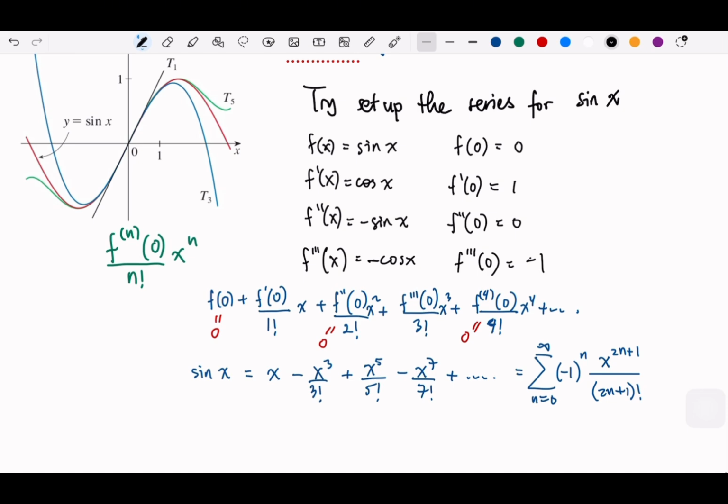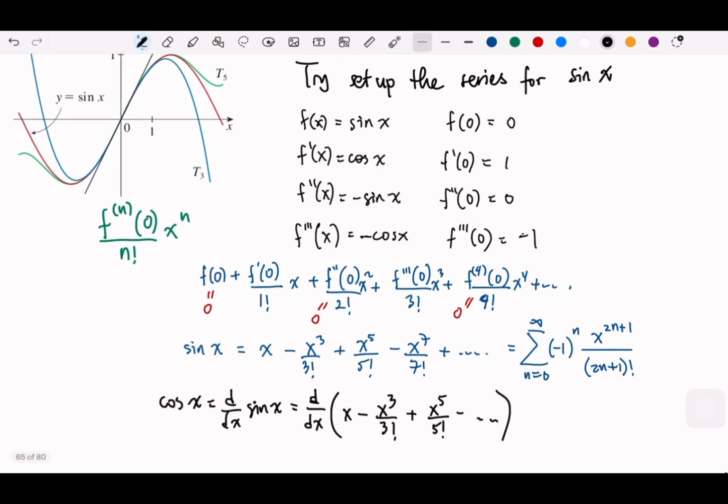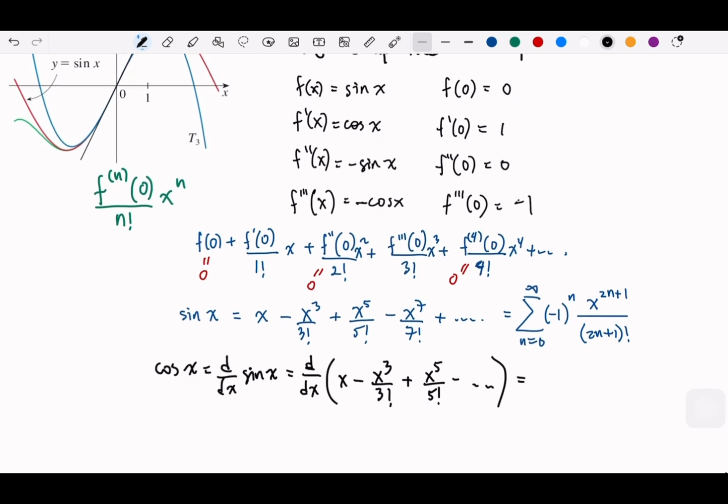So we can write here that since cosine x is equal to d/dx of sine x, which means that we are going to take everything from the sine series, which results in 1. And this is 3x squared, but 3 is cancelled out.